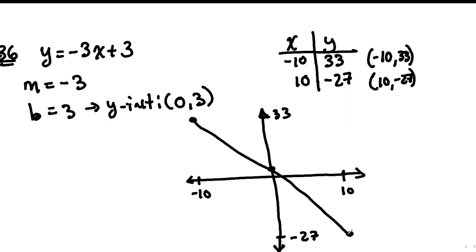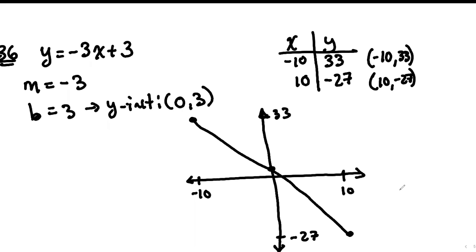So everything actually fits together. This always is the case. Slope is negative, line is going down. If slope is positive, the line will be actually going up. Any questions? All right.